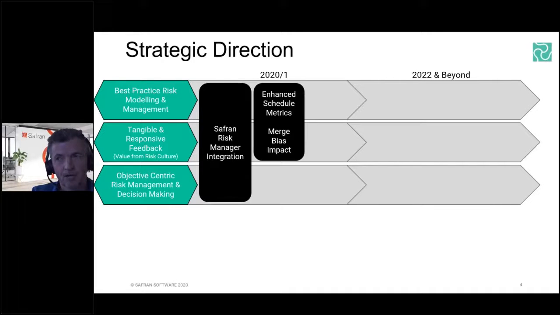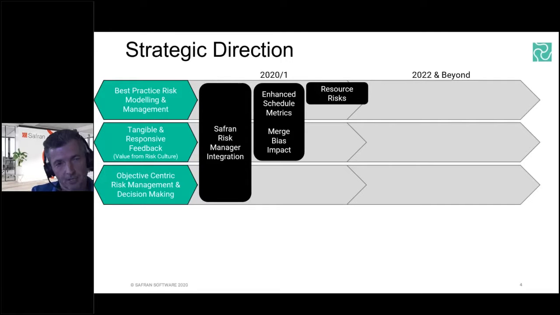So to have a really slick and advanced way of looking at what's changed in your schedule from one risk review to the next, we see it as very valuable information. So that's something we'll be including as part of our enhanced schedule metrics package, along with potentially some merge bias reporting, so some statistics on the complexity of the schedule that you'll be running a risk analysis on.